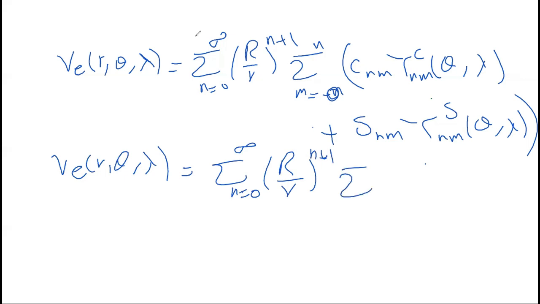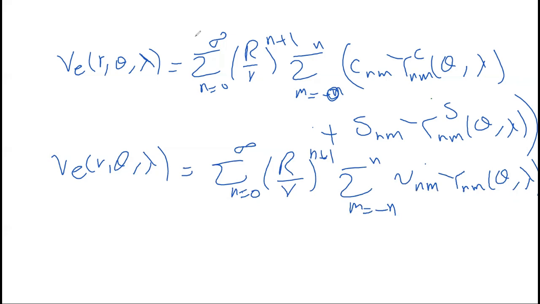Then I will write it like this, m from minus n till n. And here I will write instead V_nm Y_nm, theta and lambda.